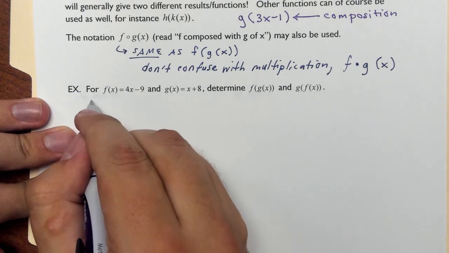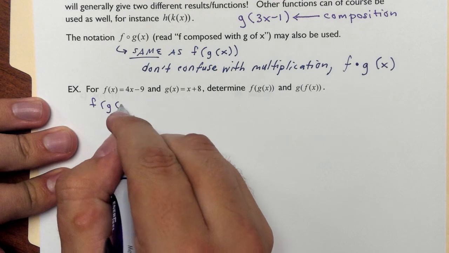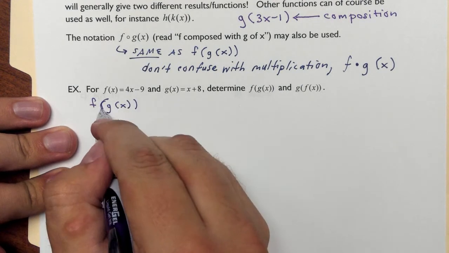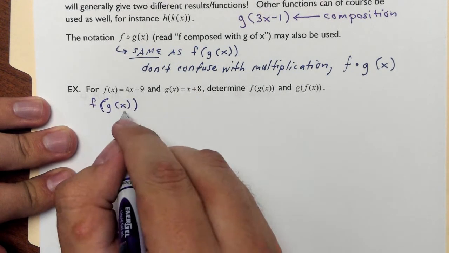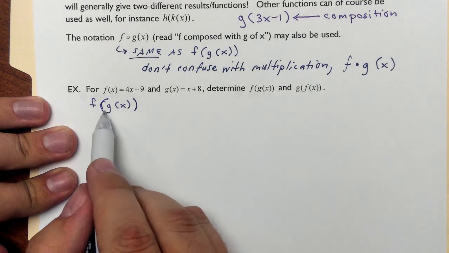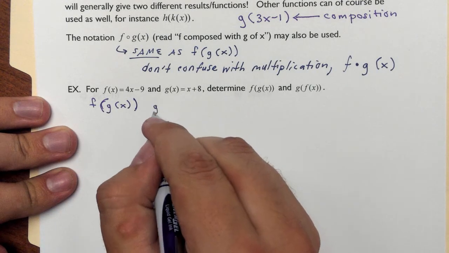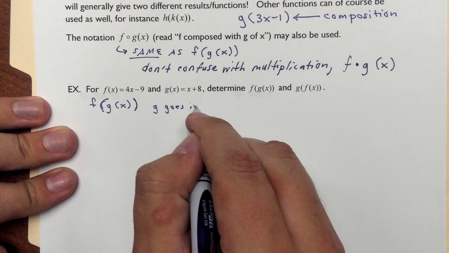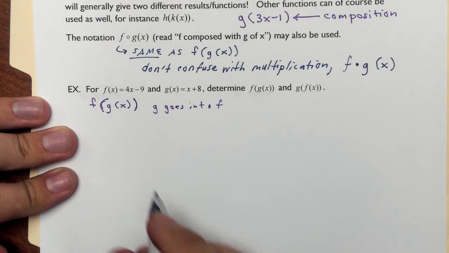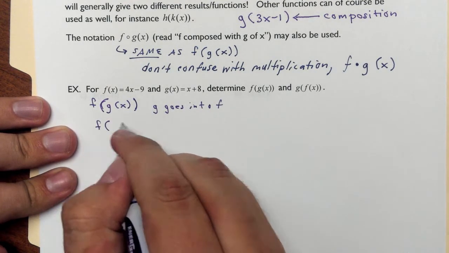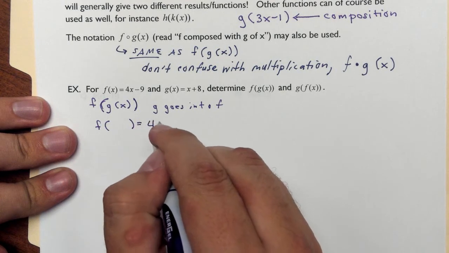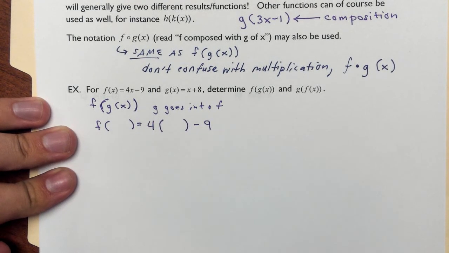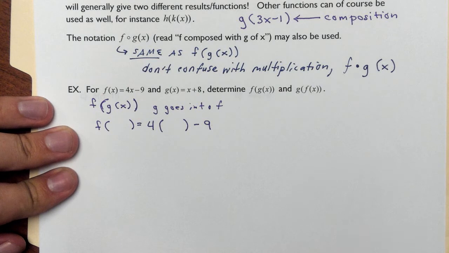So for f of g of x, this is telling me to take g and put it into f. You're reading these things almost inside out. So g goes into f is the idea here. So f is 4 times x minus 9. But in place of x, what am I going to use?